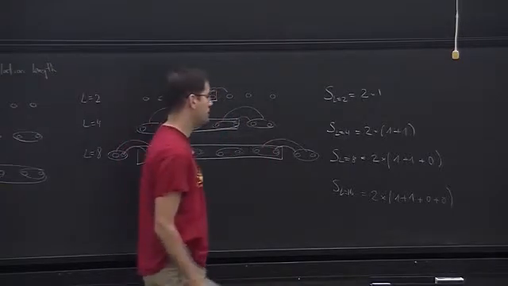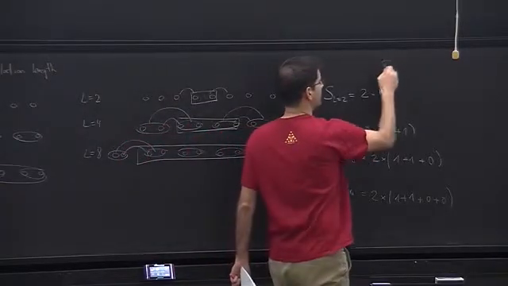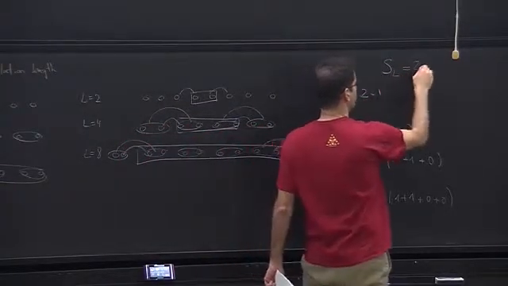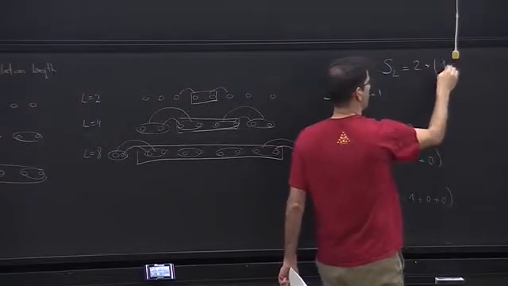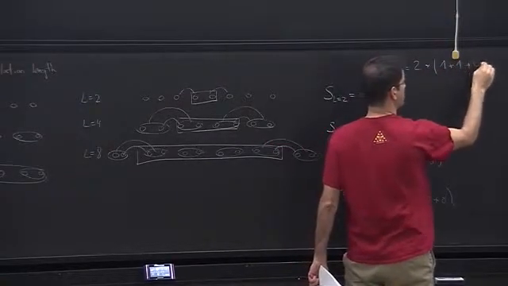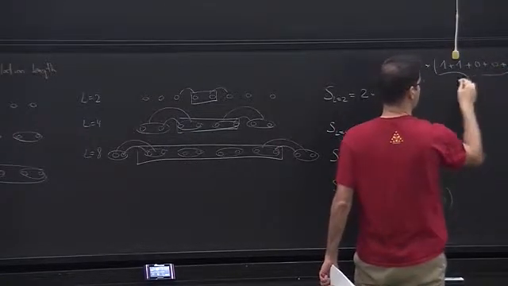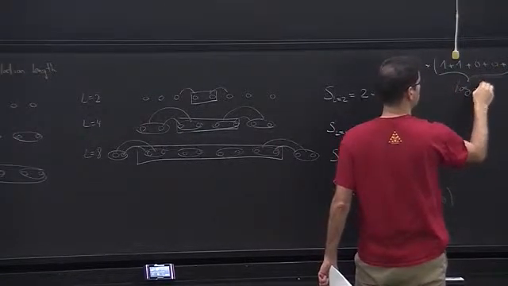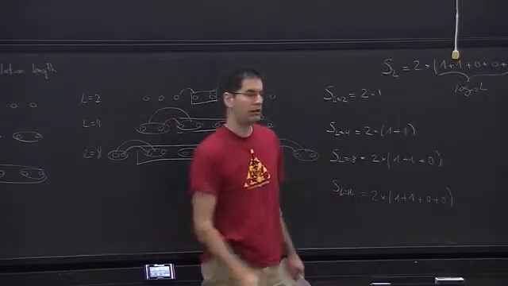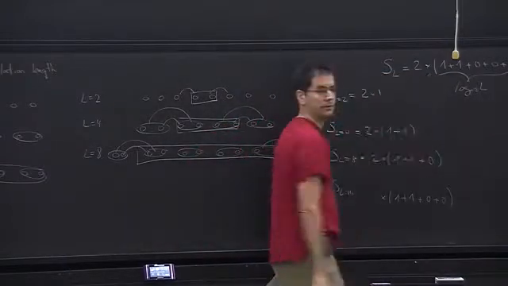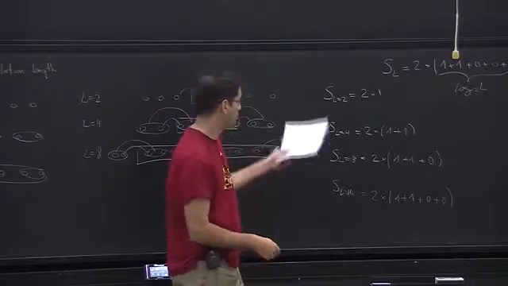Okay? So in general, what we see is that the entropy now is 2 times 1 plus 1 plus as many zeros as you need, so that there are still log 2 L different length scales, but only the shortest ones are contributing. Okay? So let's put this all together.